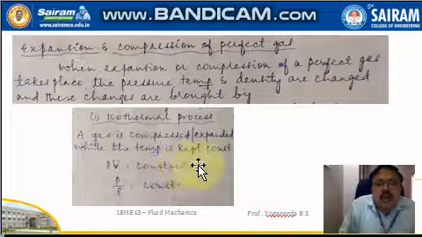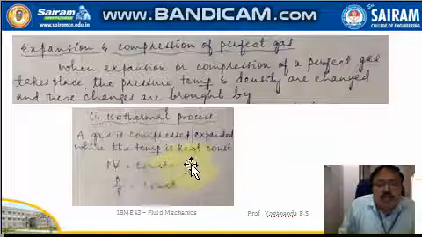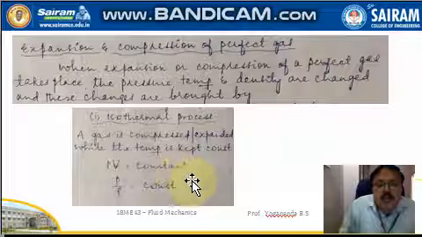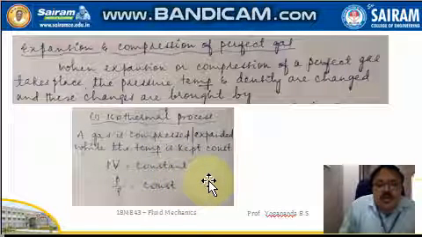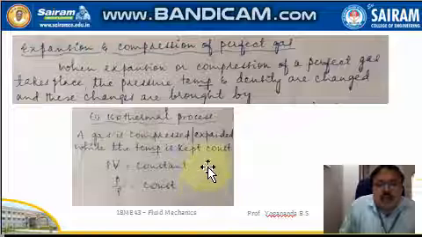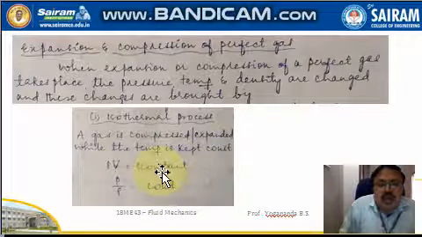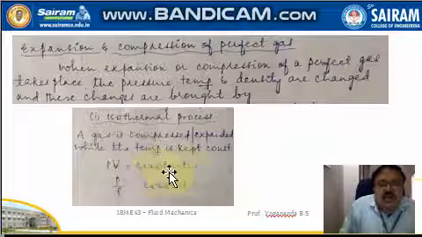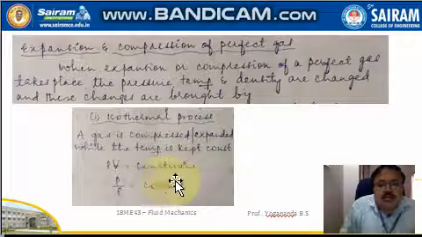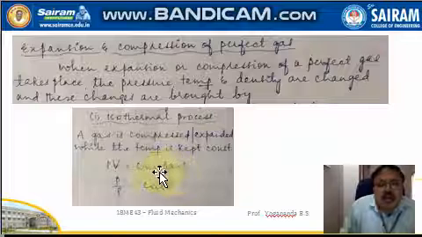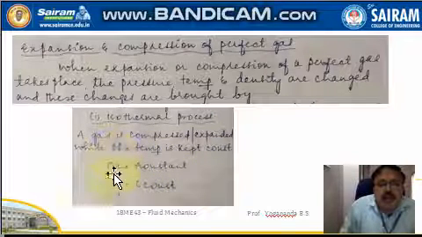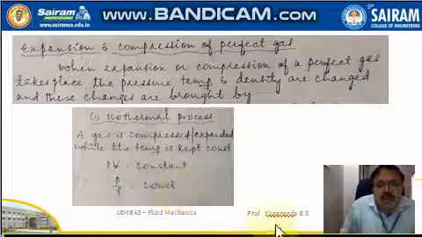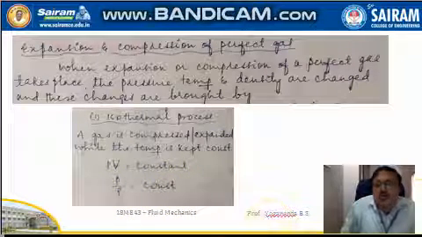In the isothermal process, the gas is compressed or expanded with the temperature kept constant. So PV is equal to RT, where R is the gas constant and T is also constant, so the product of R and T is also constant. In place of V, we substitute 1 by rho.